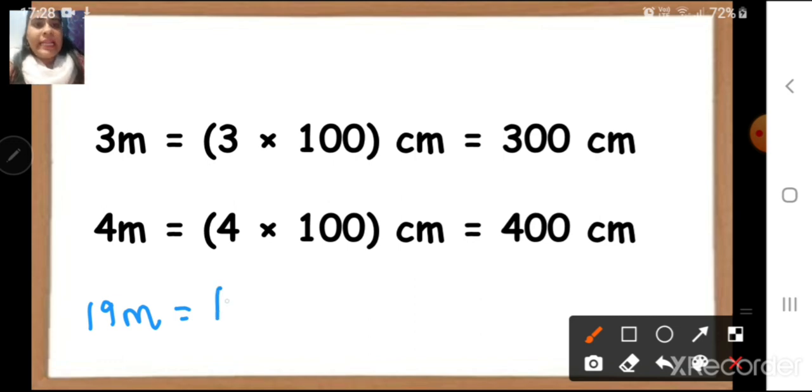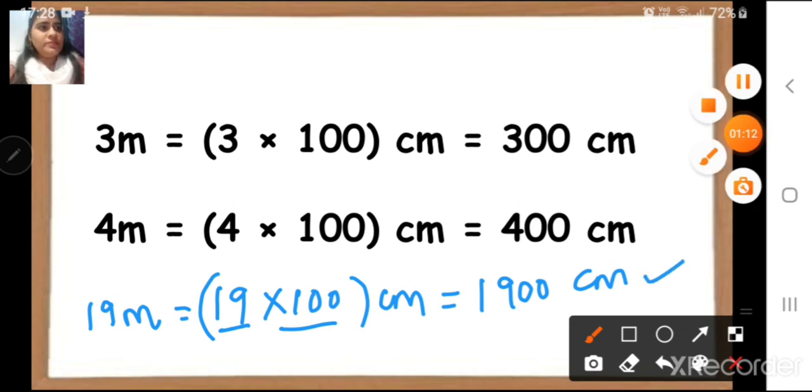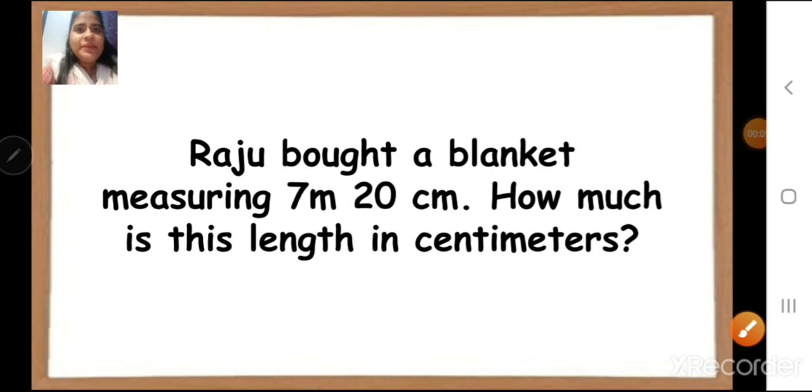So 19 multiplied by 100, in centimeters, we have to do 19 into 100, which is equal to 1900 centimeter. Children, remember the multiplication rule. It is multiplied by 100. You have to add 2 zeros here. So 1900 is our answer. Got it? Let us see one more example.